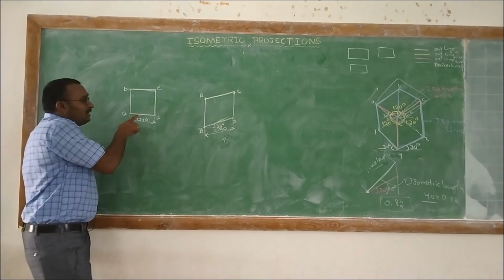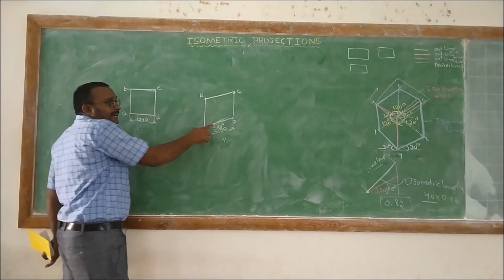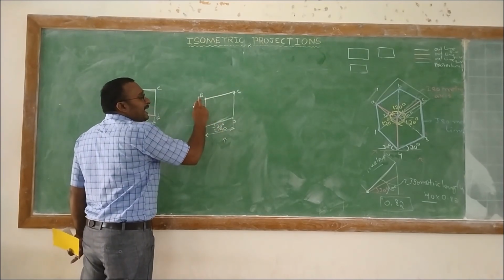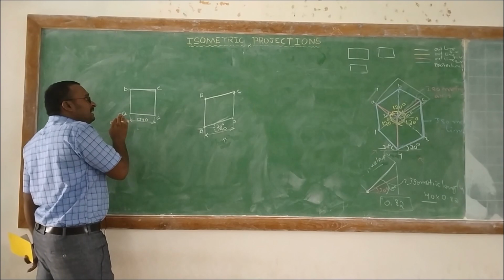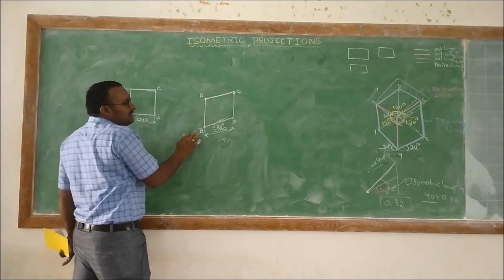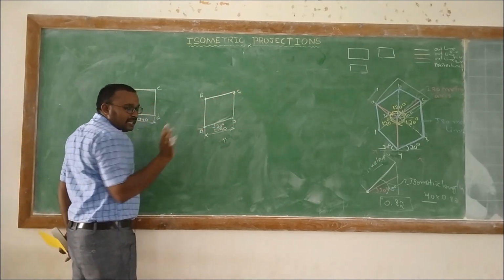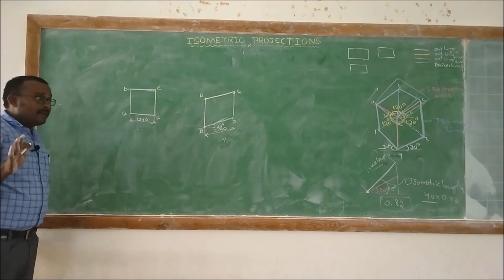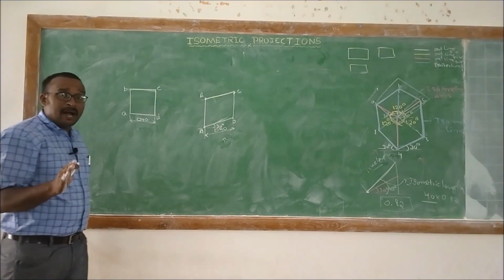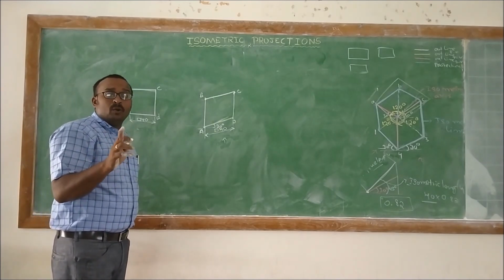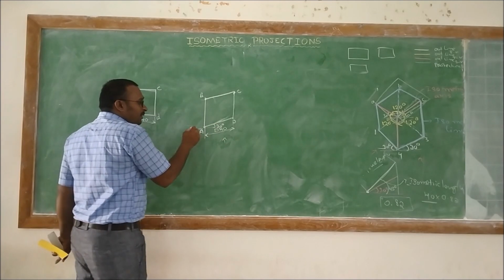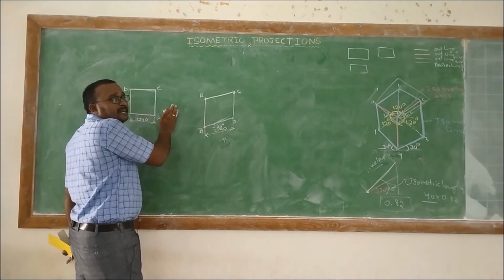Right? Here you can see horizontal lines are inclined at an angle of 30 degrees to the ground, both AD and BC lines. Vertical lines, that is AB and DC lines, remain vertical. That's a simple logic. This logic will be applicable only for the front view and side view.